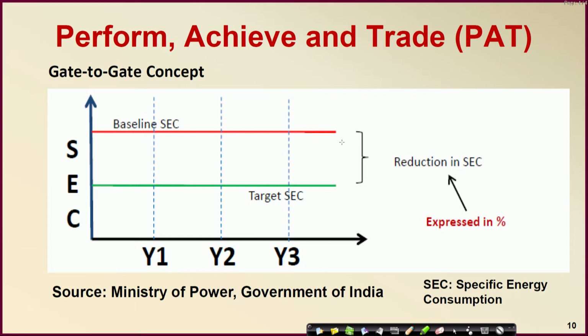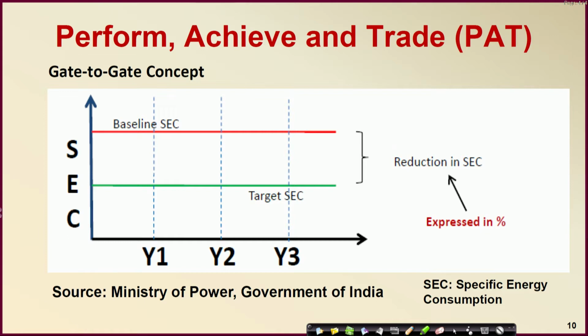Data collection has taken place; data was collected from all these suitable industries. What are their specific energy consumption levels, we call that the baseline specific energy, and for 2015 the target is set. Targets are given for all such companies, that is your target SEC, and reduction of SEC has to be carried out, expressed in percentage, all right.